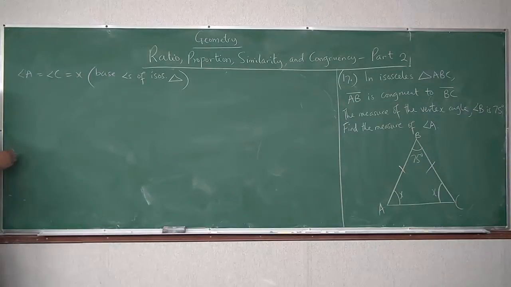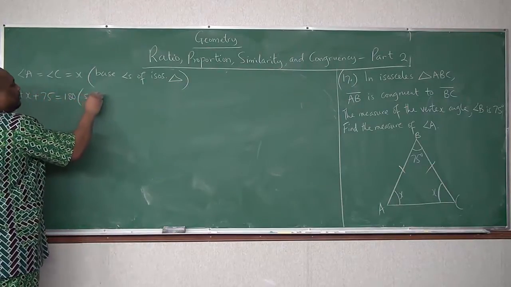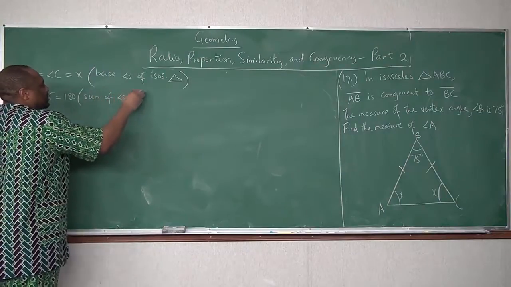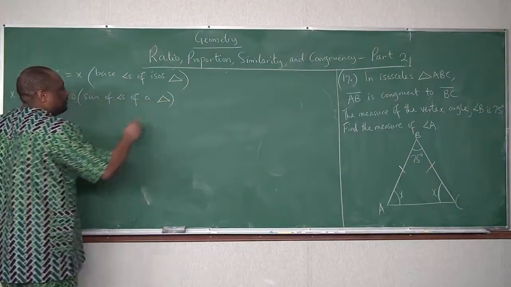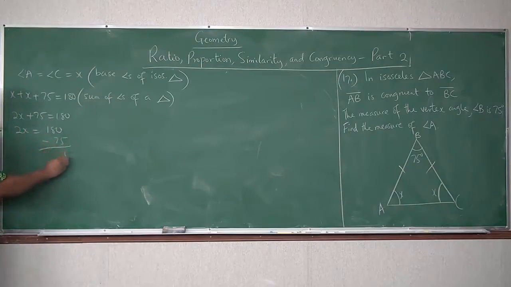So then we now say X plus X plus 75 is 180 degrees. Reason, sum of angles of a triangle. So we have that 2x plus 75 is 180. 2x is 180 minus 75. This is 105.